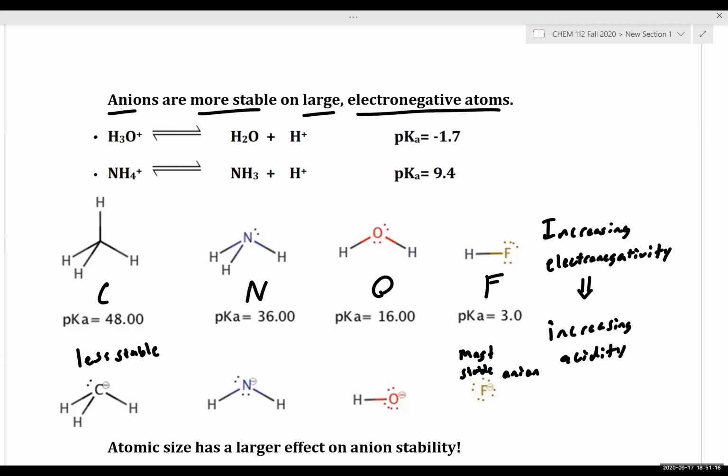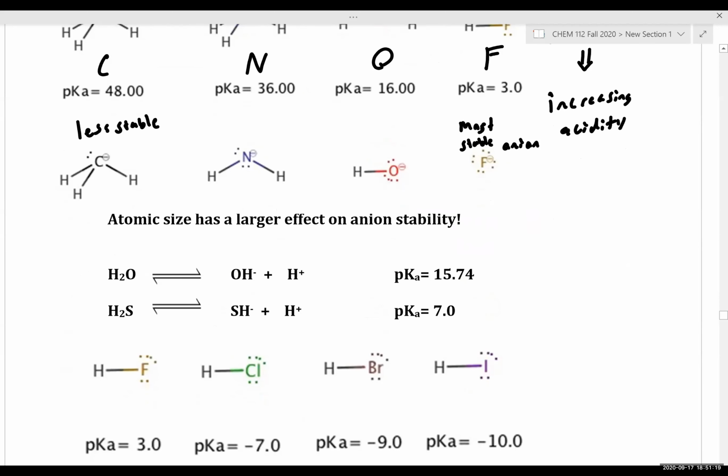So the second major effect, which is far more important, is atomic size. Atomic size has a much larger effect on anion stability. Why?